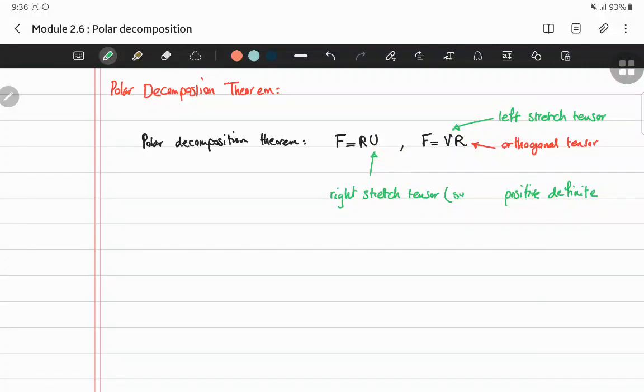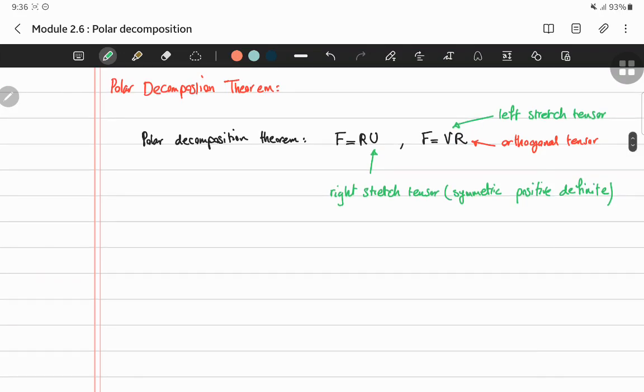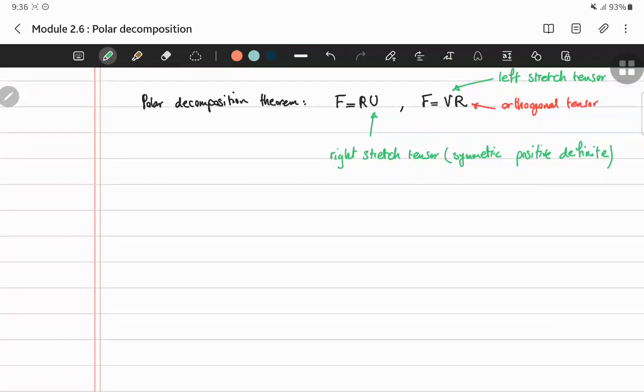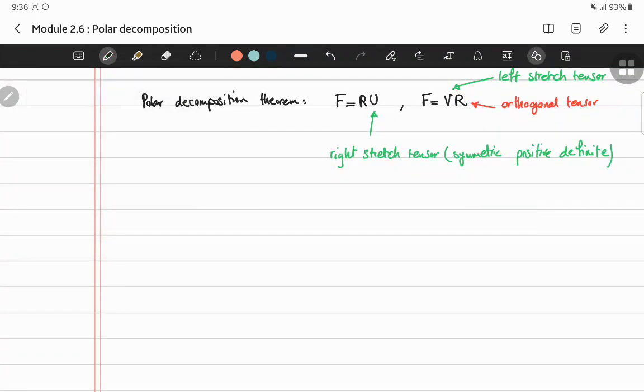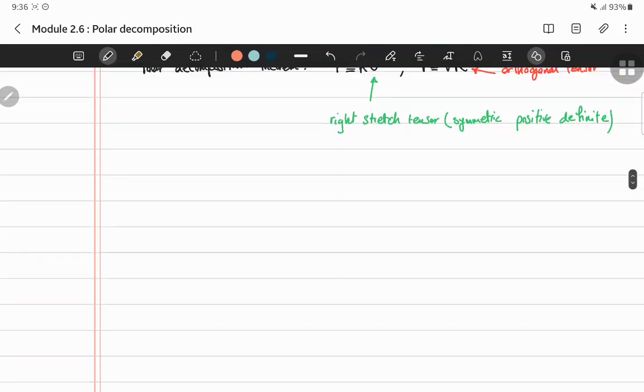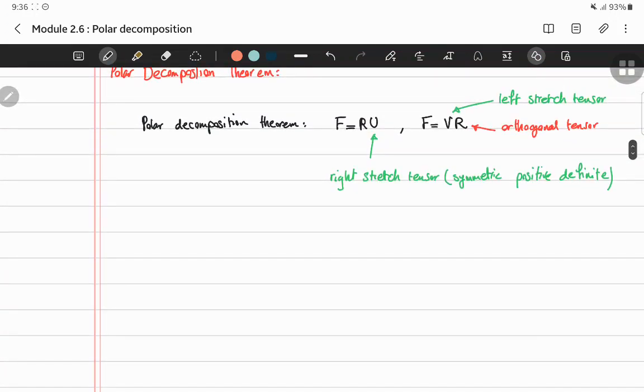This also holds for V in here. And let me give you the geometrical interpretation of this decomposition theorem.